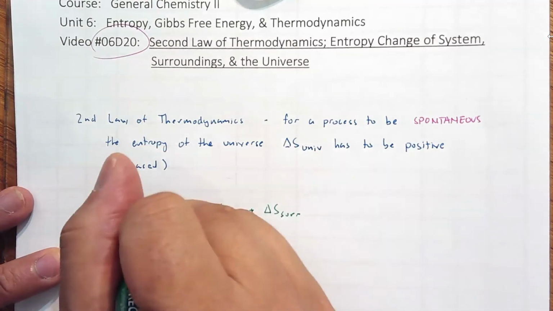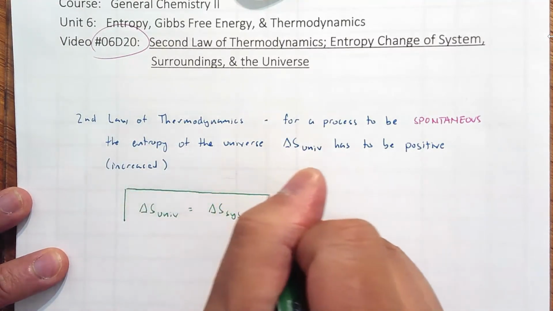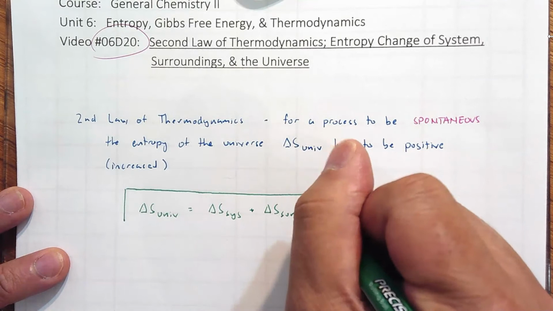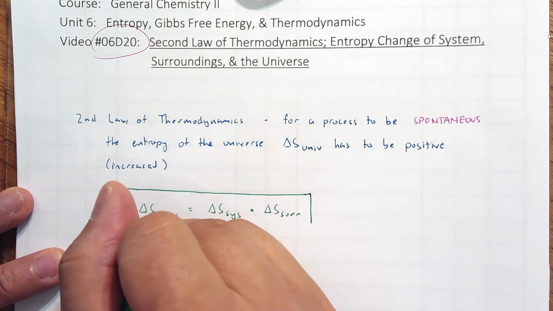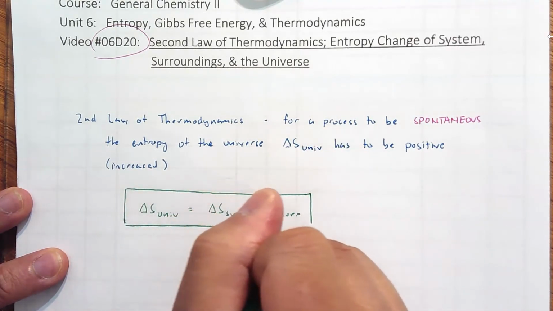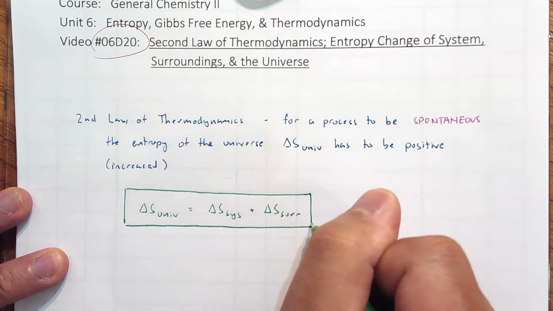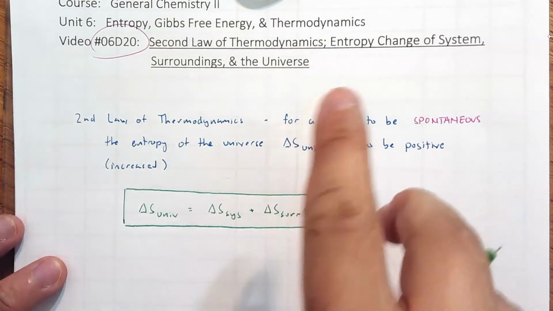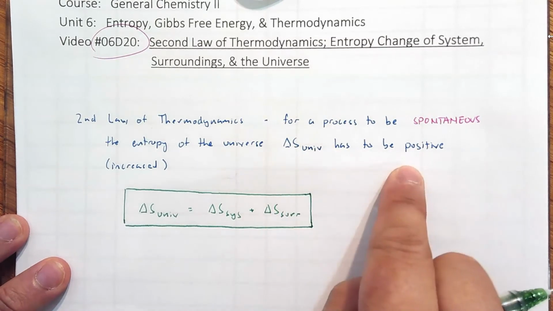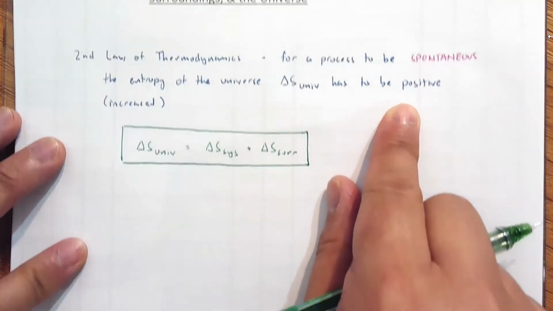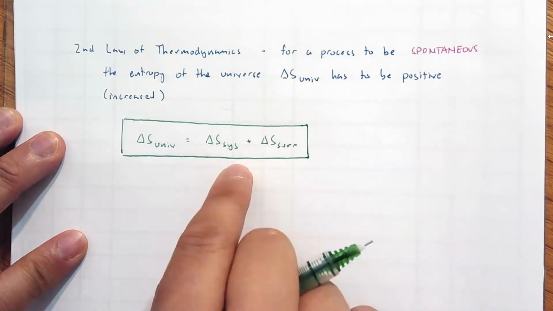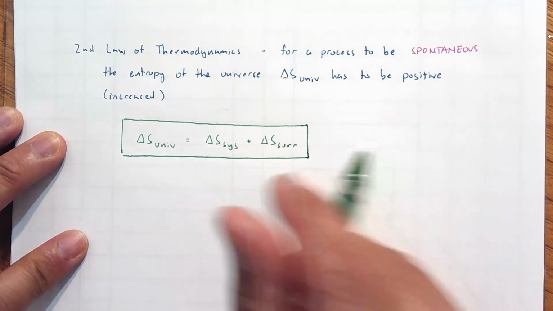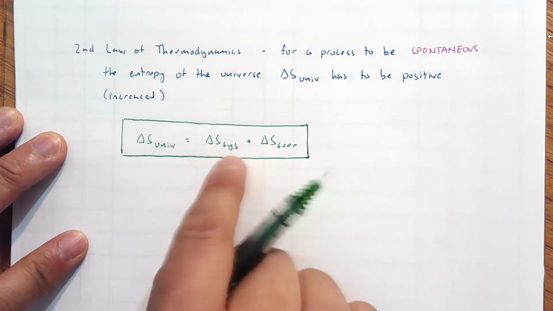And we'll put this in a box. When the process or the reaction is spontaneous and delta S of the universe is positive, you realize that these two do not cancel out. They do not equal zero when you add them up.